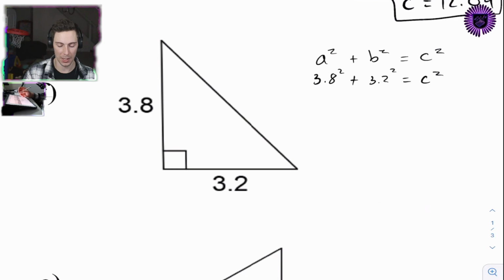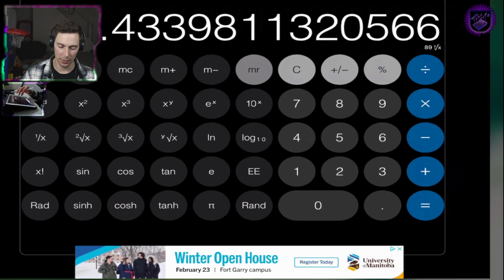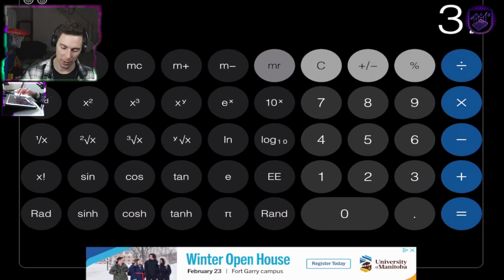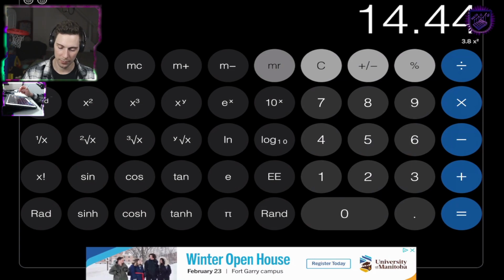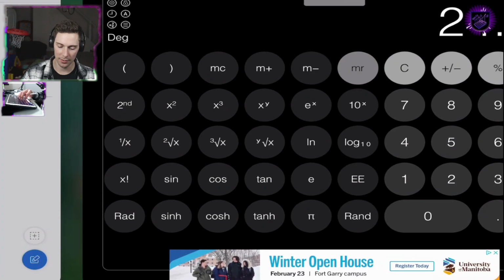I don't have a good technique to square these. 3.8 squared plus 3.2 squared equals 24.68.